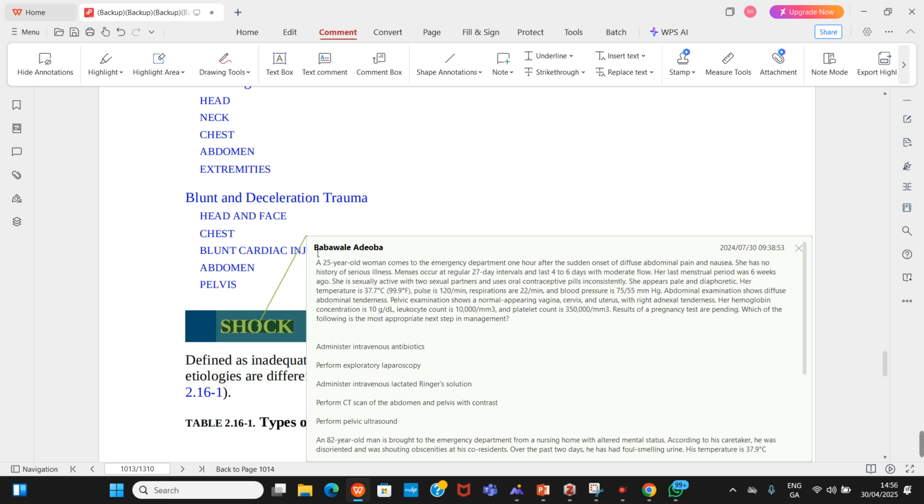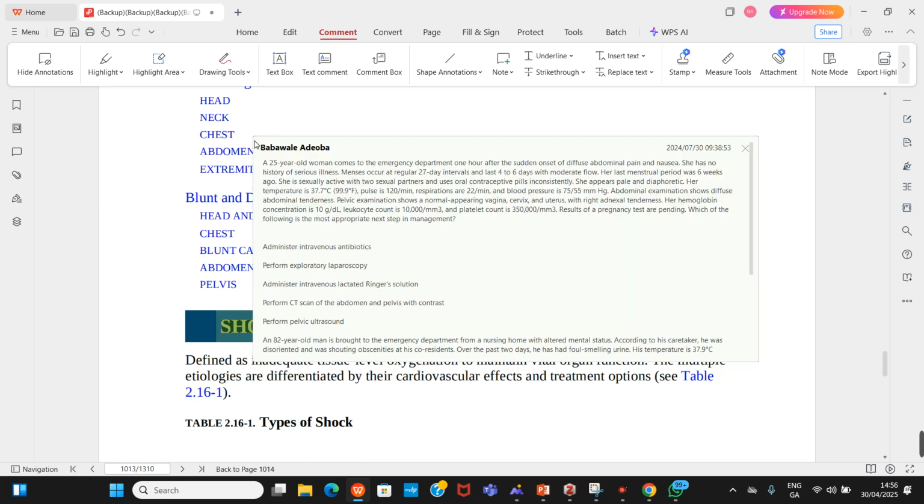A 25-year-old woman comes to the emergency department 1 hour after sudden onset diffuse abdominal pain and nausea. She has no serious illness. Menses occur at 27-day interval and last 4 to 6 days with moderate flow. Her LMP was 6 weeks ago. She's sexually active with 2 sexual partners and she uses OCPs inconsistently. She's pale and diaphoretic. Temperature is 37.7.